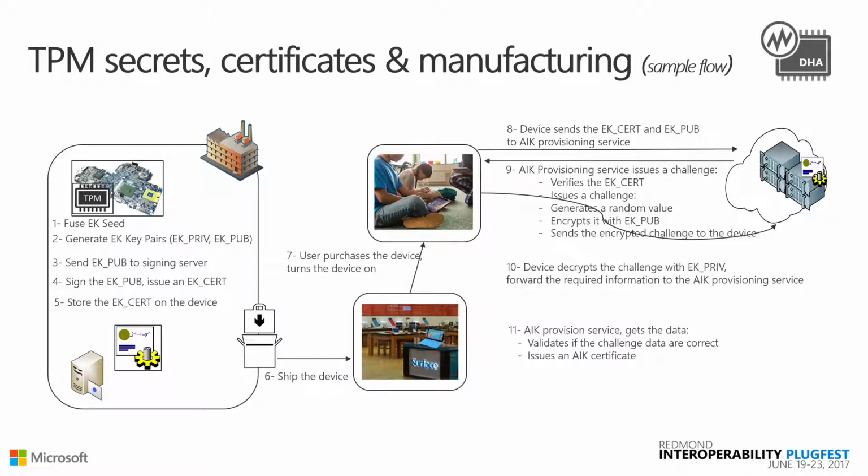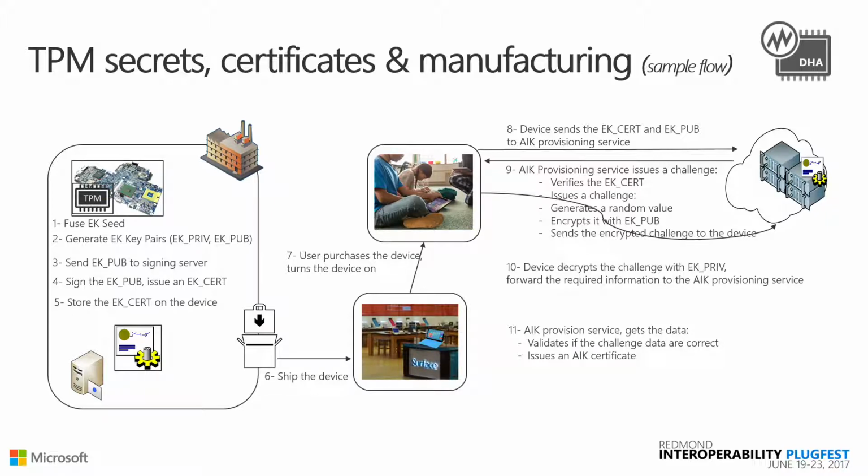Now, the device comes up, the user turns it on. And what happens is that if the device has access to the internet, Microsoft, through the UBI, challenges the device. And if the challenge passes correctly, it issues another certificate called the AIK certificate. So one difference between the EK certificate and the AIK certificate is that the EK key or its certificate stays the same for the lifetime of a device.